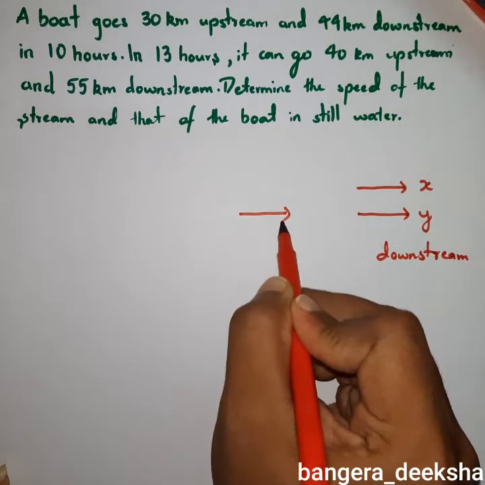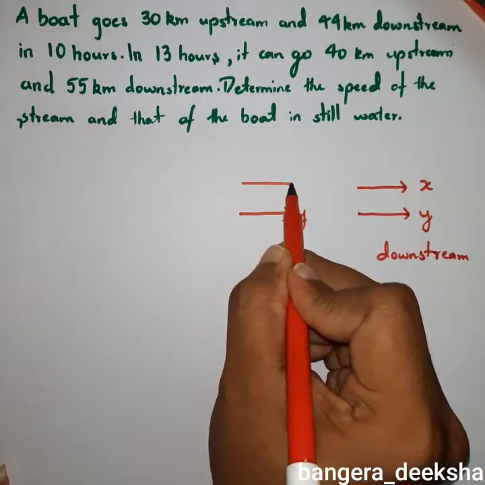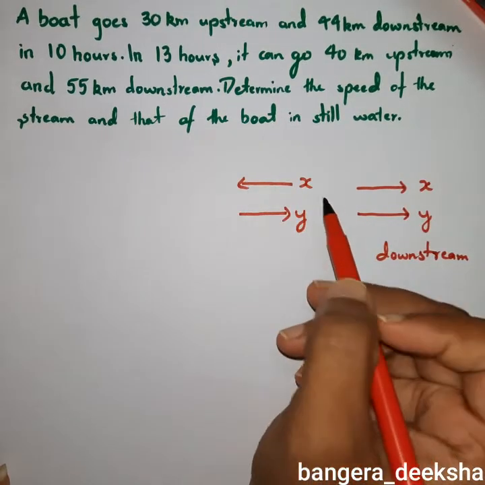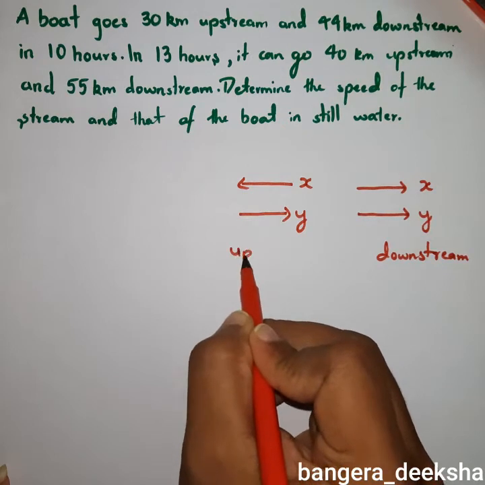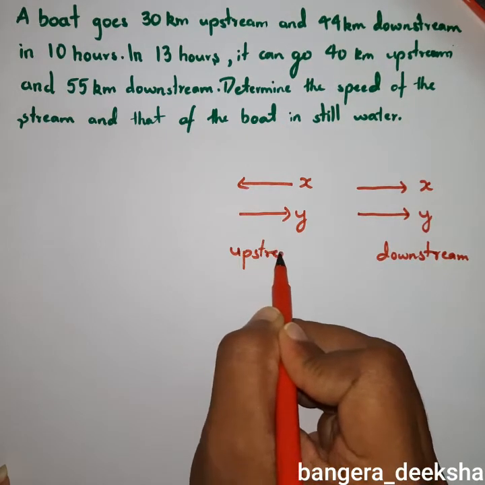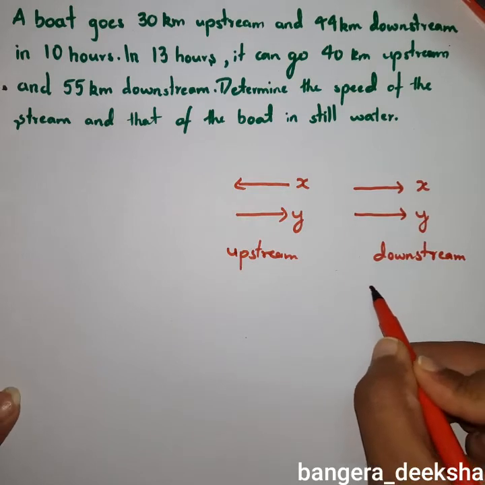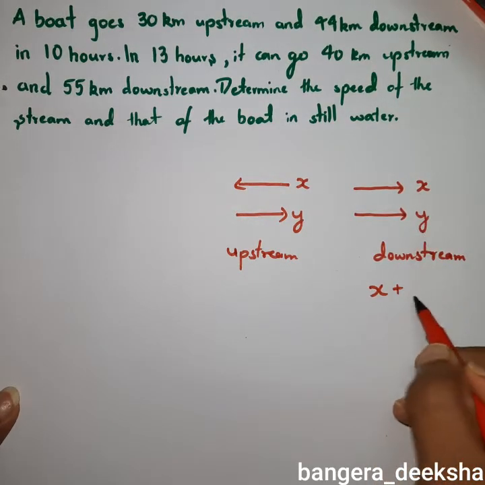Supposing this is your stream, speed is y, and this is the speed of the boat, that is x. If the directions are opposite, you call it upstream. So when the boat is going downstream, the total speed would be the speed of the boat plus the speed of the stream.